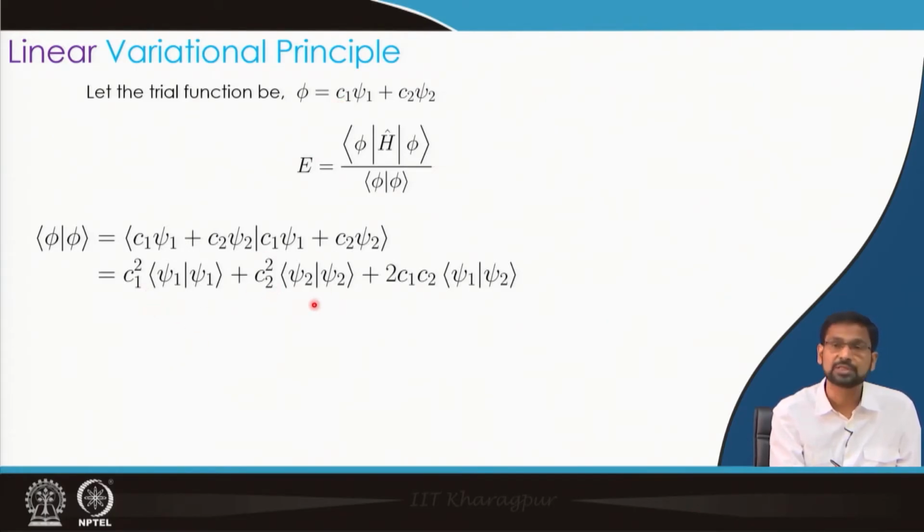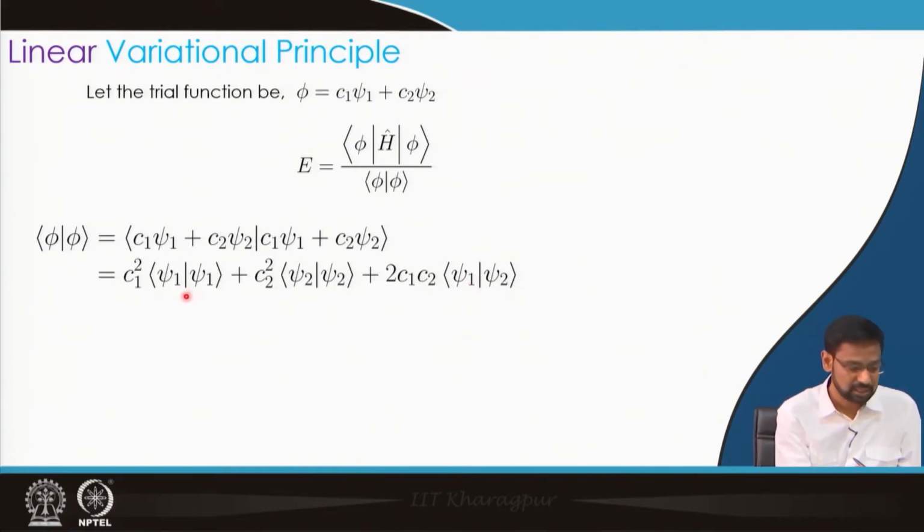Plus similarly I have c2 square times psi2 overlap with itself, and then twice we would get c1 c2 psi1 psi2, or the opposite, c2 star c1 psi2 psi1. Now, if I consider the coefficients as real numbers, then I can write this as 2 c1 c2 with this overlap.